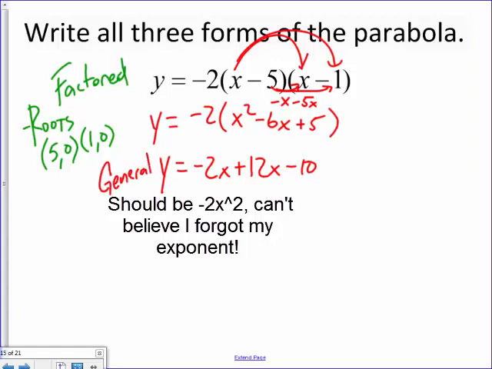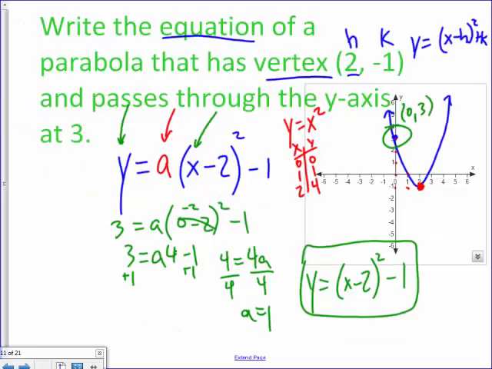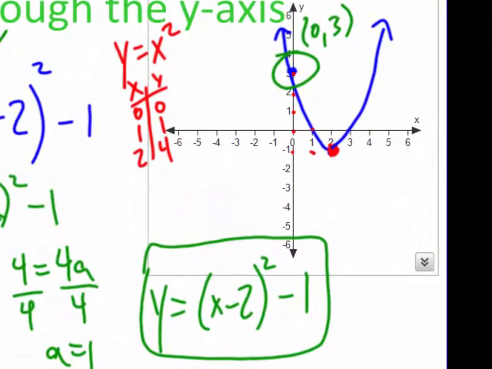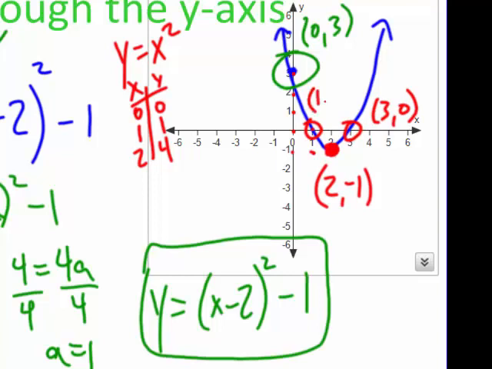And how would I get my vertex form? Well, for the vertex, one thing that you should have noticed from your assignment is, if I compare the vertex to the roots, the vertex here is at (2, -1), and my roots are at (3, 0) and (1, 0).